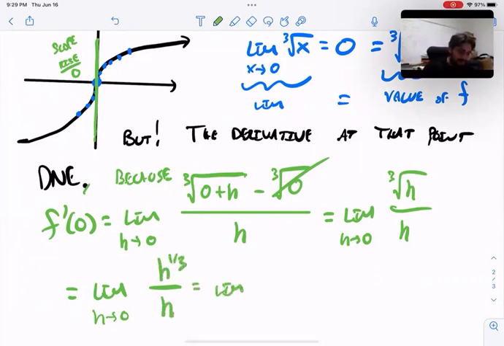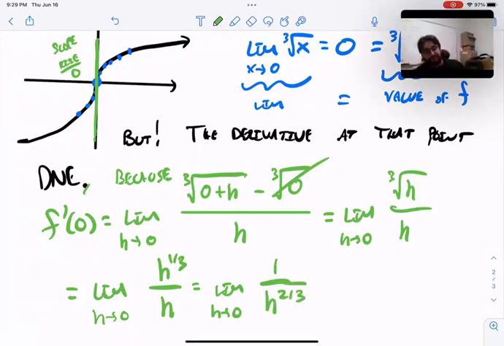Well, then what does this become? This becomes 1 over h to the 2/3, right? You subtract the exponents when you have a quotient with the same base, right? Think of it as h to the 1, h to the 1/3, 1 minus 1/3 is 2/3. So I'm doing that cancellation, the difference of the exponents.